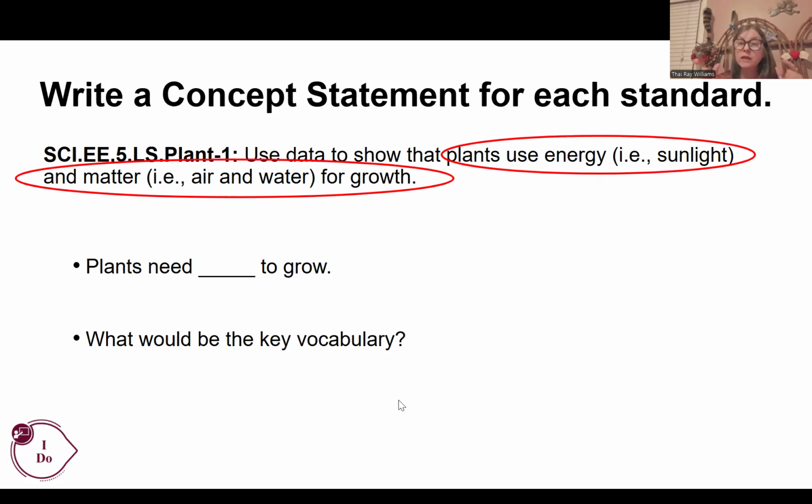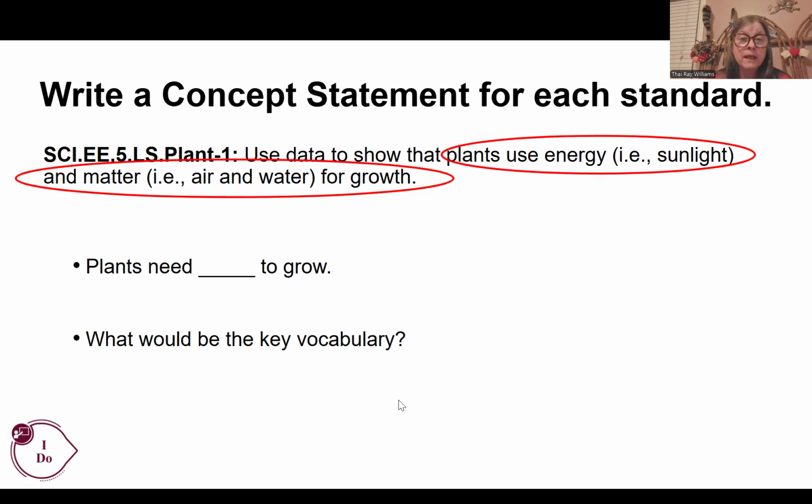And so I know that I need to address that when I teach, and that could be multiple lessons. I could have multiple lessons on plants using energy, lessons on plants using air as matter, and then water as matter. Again, the way you do this is going to depend on your students, what their abilities are, and what their needs are.